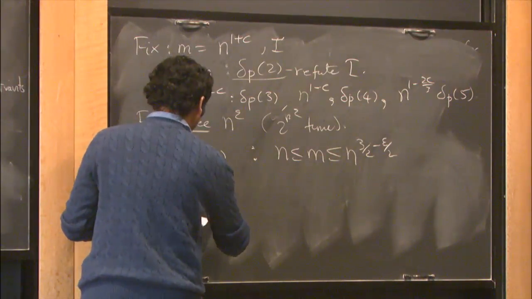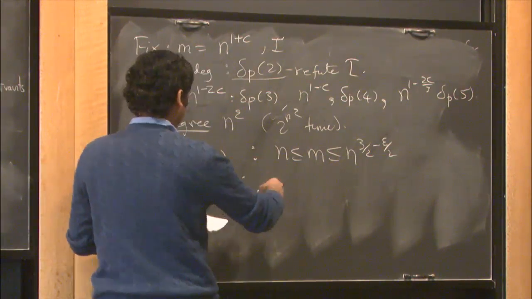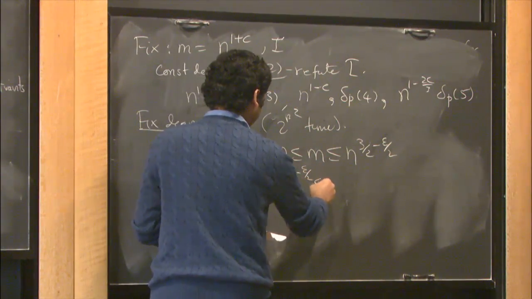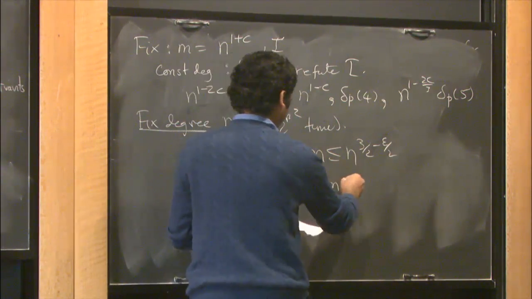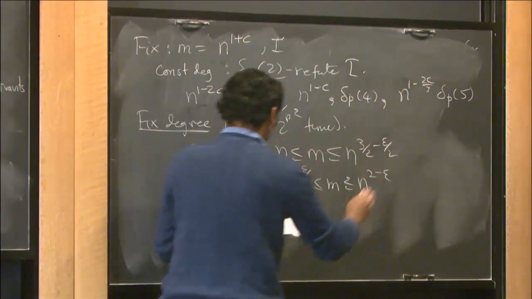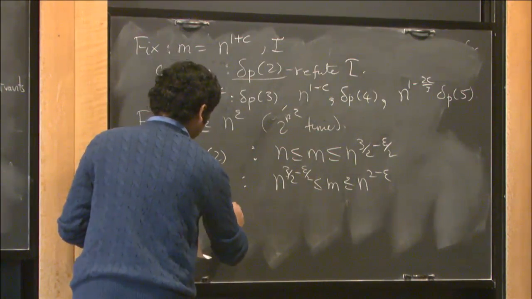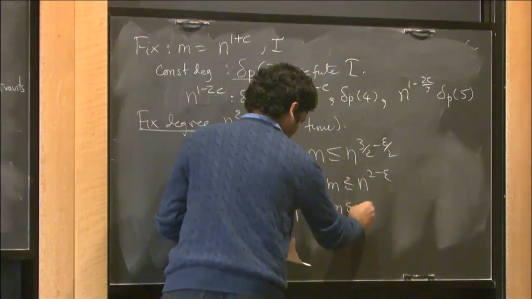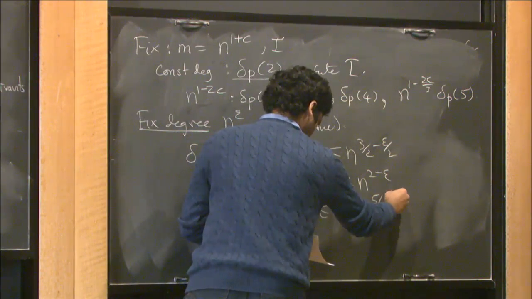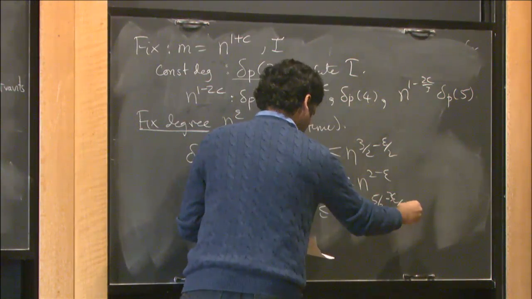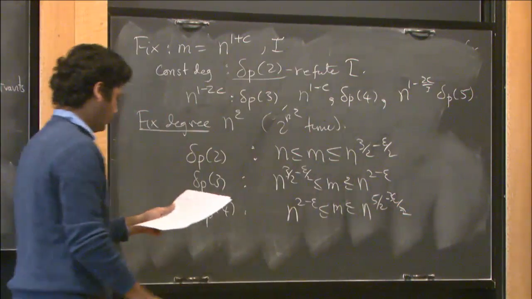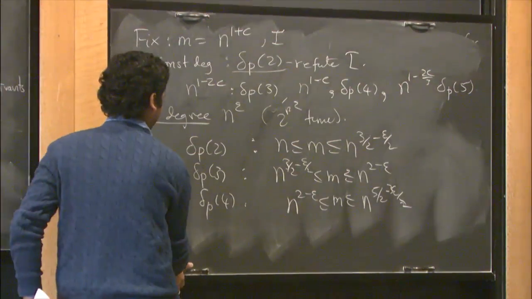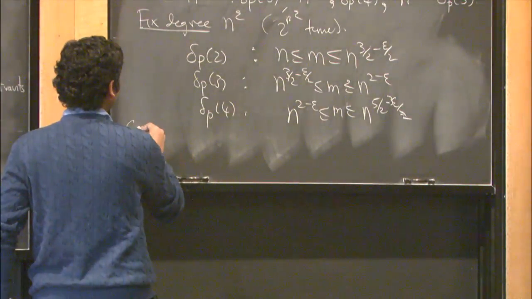And so now, as you increase the number of constraints, your ability to refute goes up, and so on. What is especially interesting is what happens for constant degrees.